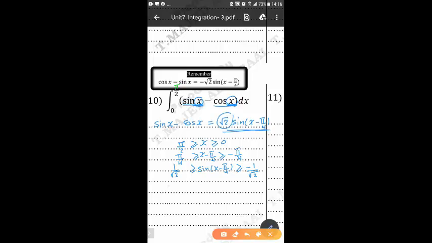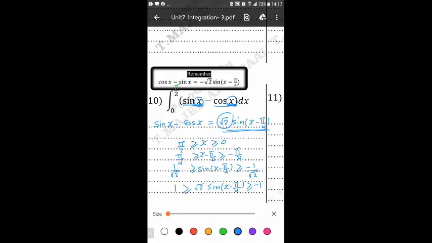Now multiply by root 2 all the sides. When I multiply 1 over root 2 by root 2, it's going to be 1. Root 2 sine x minus pi over 4. Okay, more than root 2, minus 1 over root 2 by root 2 is going to be minus 1. That's it.